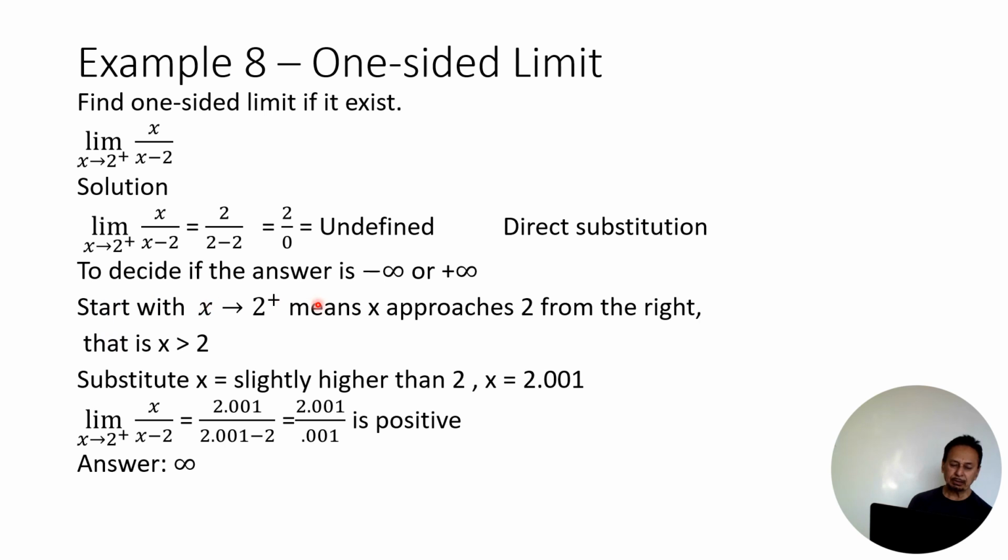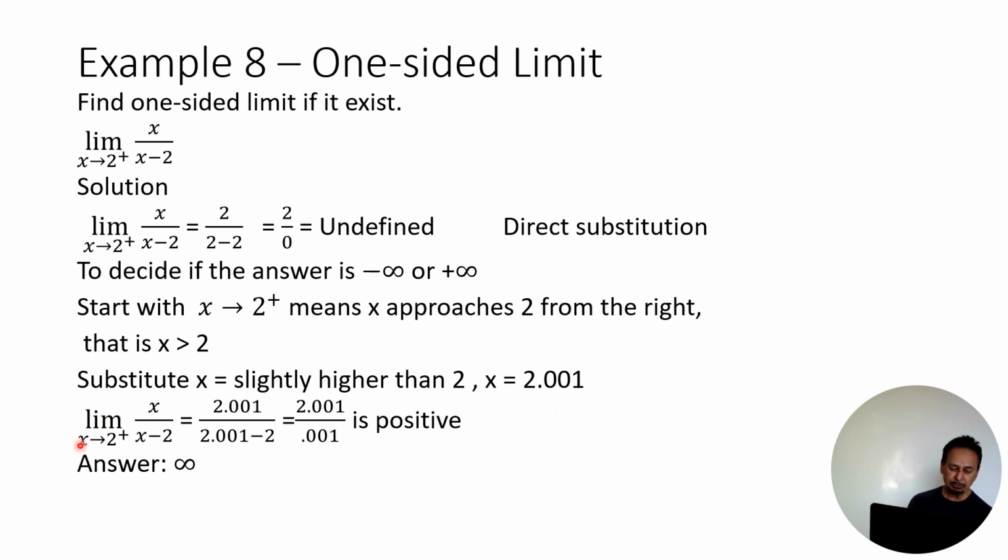So now we have to decide if the answer is minus infinity or plus infinity. So let's find out what x approaching 2 plus means. It means x approaches 2 from the right. And this means x is always bigger than 2. So we substitute a number slightly higher than 2, like maybe 2.0001, whatever we like.